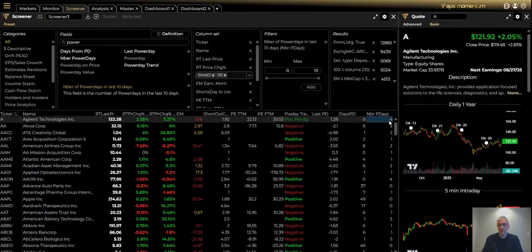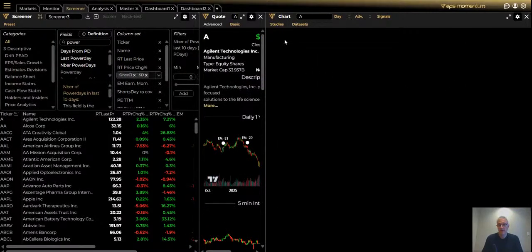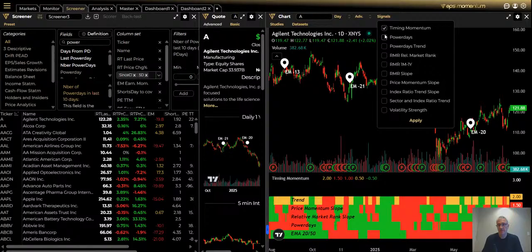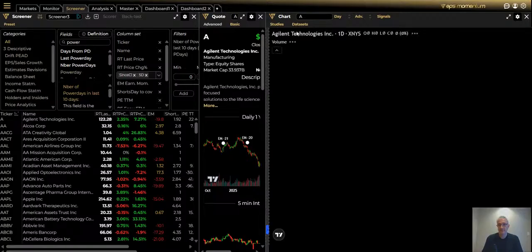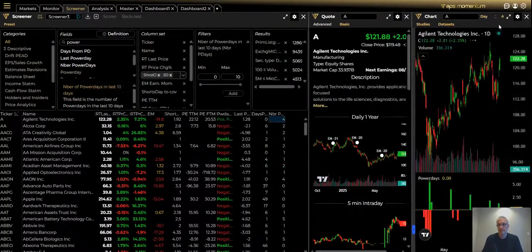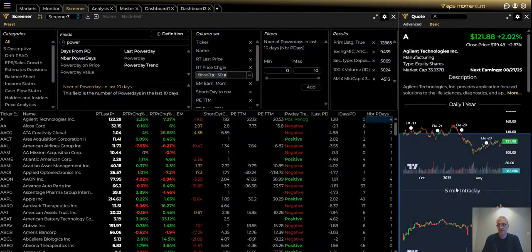So that tells you that there's really a battle in the last few days, for example, for this stock. And obviously we can insert a chart and put the signal on power days. Remove the timing momentum, for example, and maybe make it a little bit smaller. We're going to grab it and make it at the bottom here.